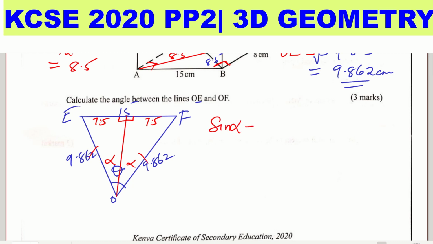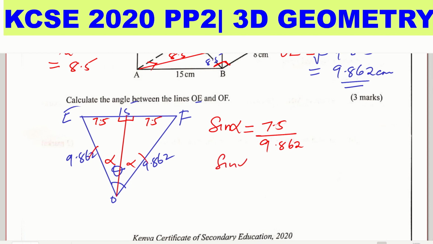Sine of alpha is equal to opposite, which is 7.5, divided by hypotenuse, which is 9.862.